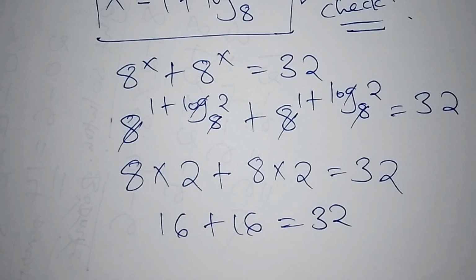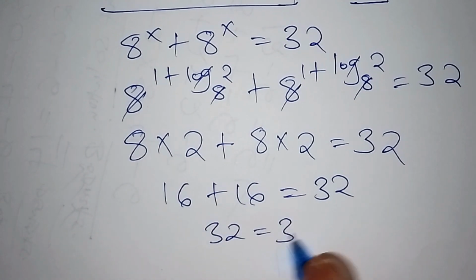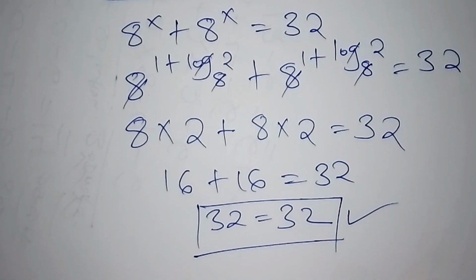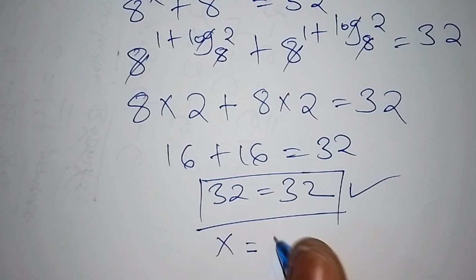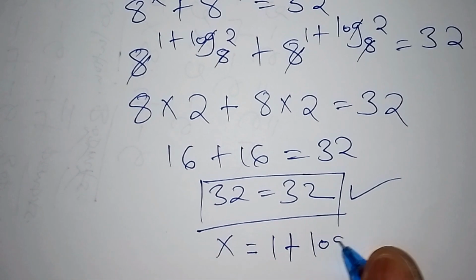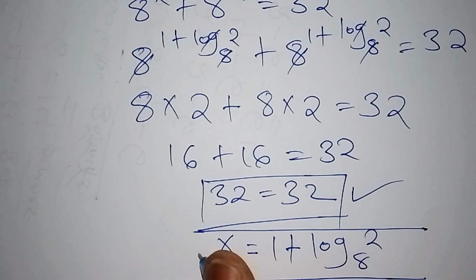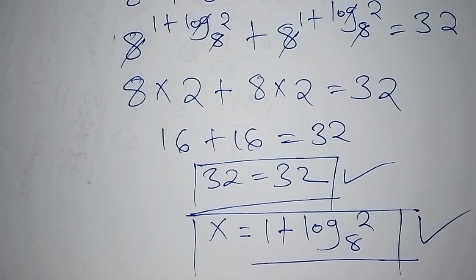So 16 plus 16 is 32, which equals 32. So we are correct when we conclude that the value of x equals 1 plus the log of 2 to the base of 8. So that is our answer clearly solved.